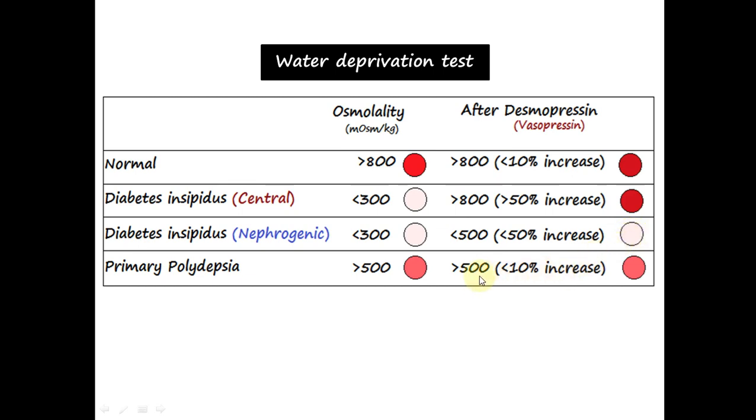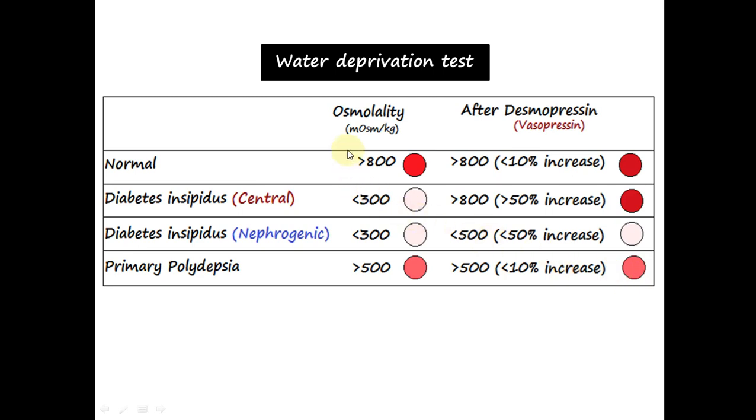In dipsogenic diabetes insipidus, the problem was psychological and the antidiuretic hormone secretion was normal, and previously it had caused reabsorption of water and increased osmolality of urine. So when we administered desmopressin, it caused little increase, less than 10% increase in the osmolality of the urine.